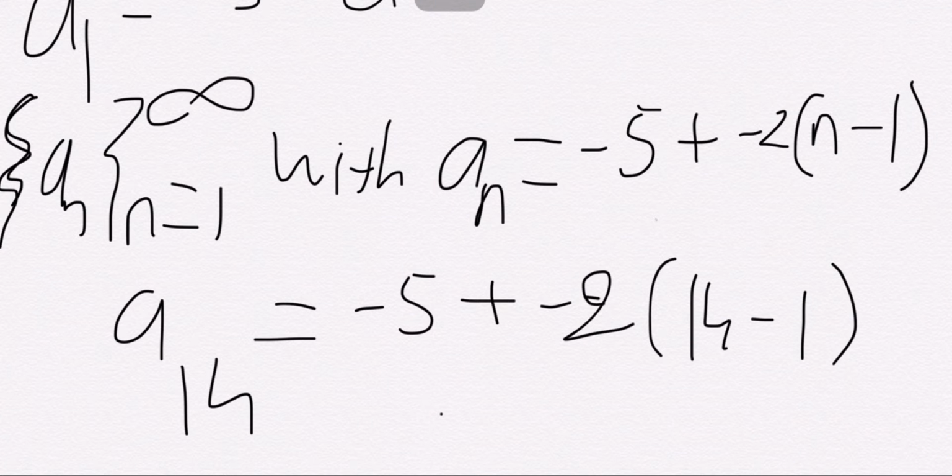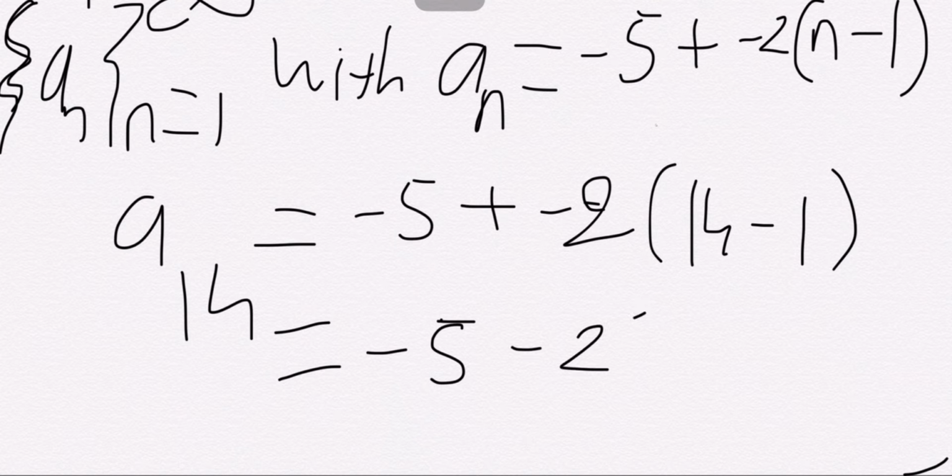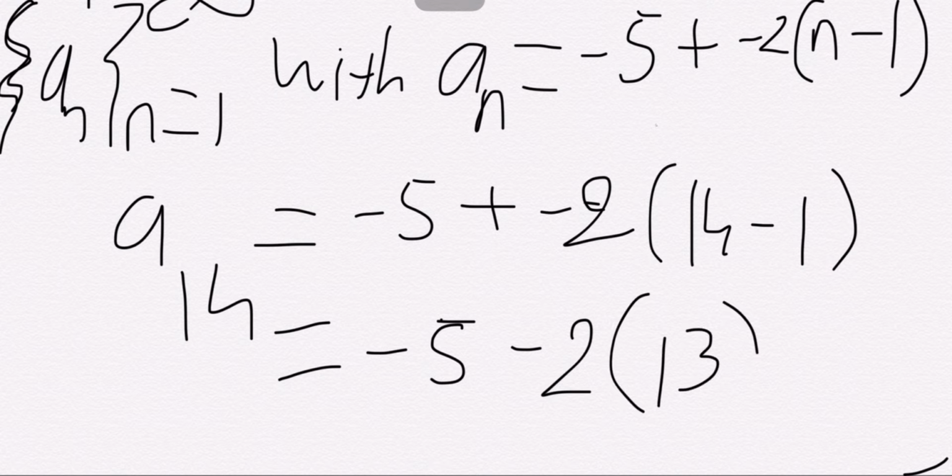So what do we get? We get -5 plus -2 times 13. So what do we get? We get -5 minus 26.